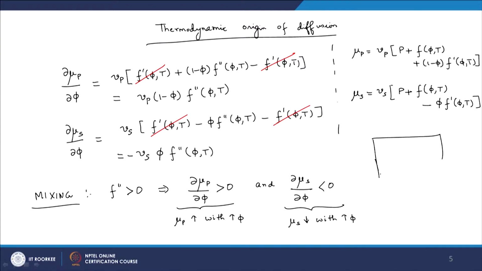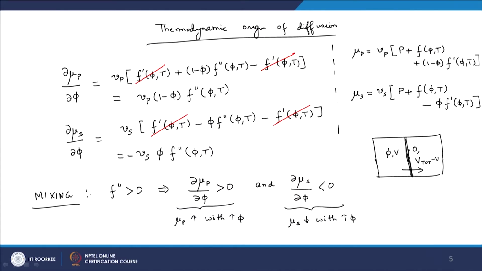That means, going back to the chamber analogy, if you think of a membrane again, for the solute particles, if they move to the right, that results in a decrease in the volume fraction of solute.